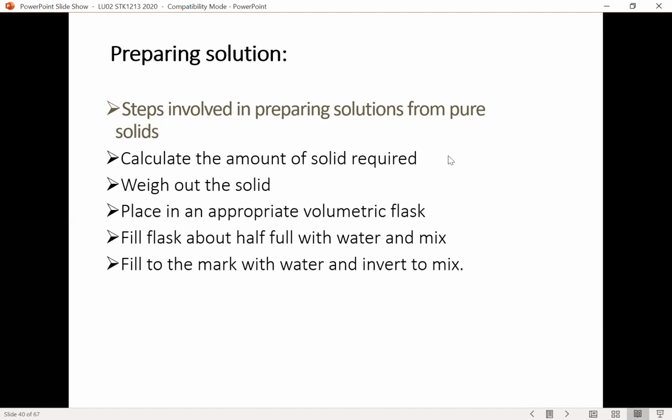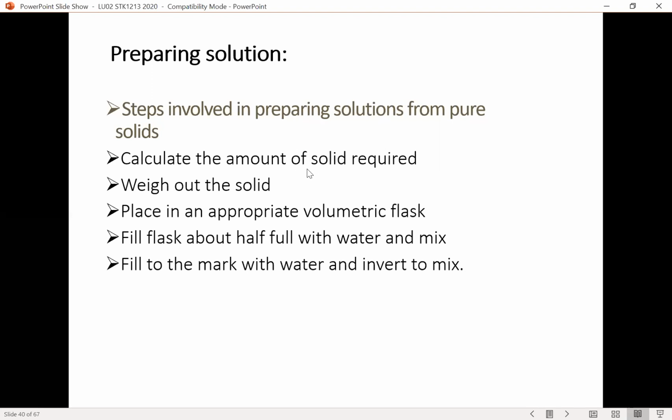When you already know the molarity and the volume of your solution that you want to prepare, from there you can get the mole of the solute required. From the mole of the solute required, you can get the mass of the solid or solute required.